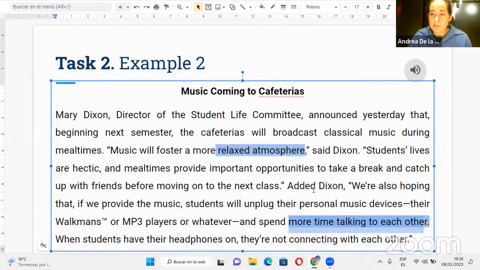You can tell me. How is what the student says related to this?